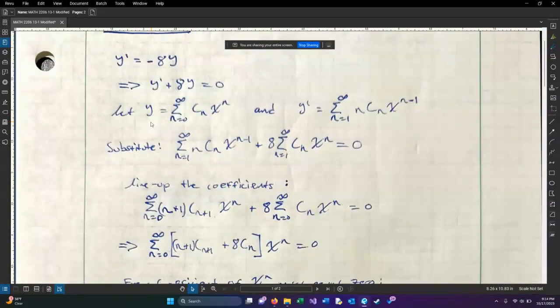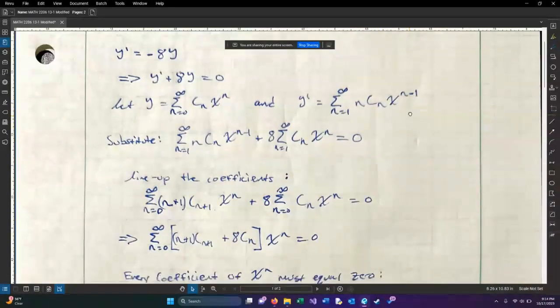And then you can say that y is equal to the power series from n equal to 0 to infinity of c_n x^n. And the derivative of that, y prime, becomes the sum from n equal to 1 to infinity of n c_n x^(n-1).